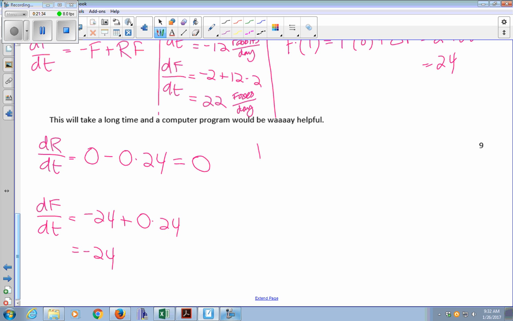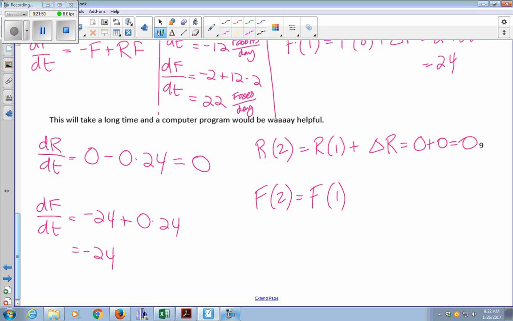So now r of 2 is r of 1 plus delta r, which is 0 plus 0, which is still 0 rabbits. But f of 2 is how many we had at the first one, plus the change in f.